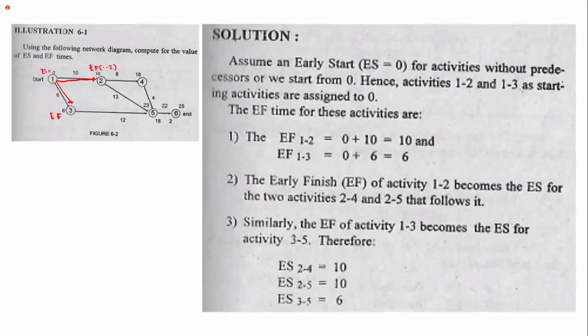Automatic, since no other arrow is connected to 2, our early start for 2 to 4 and 2 to 5 is also 10. The early start of 3 to 4 is also 6.